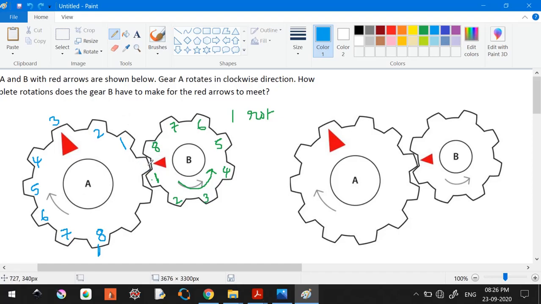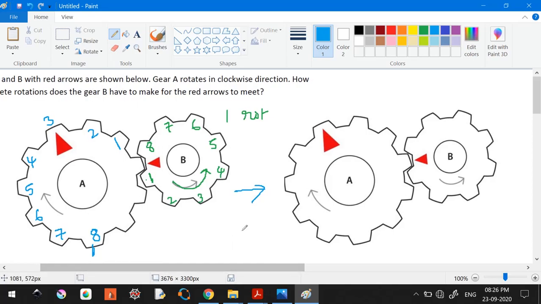So now after the second rotation of B starts, what will happen? The one next to this is going to be 1, which is this, because 8 is here, like I already mentioned, and the one next to this is going to be the first tooth, which is this one right now.